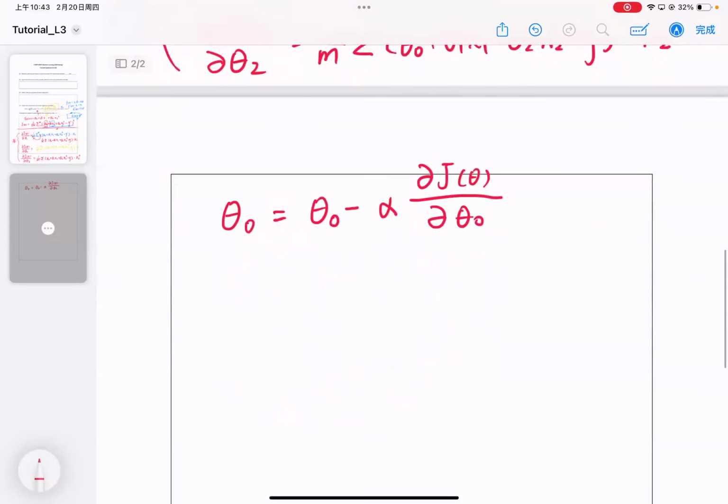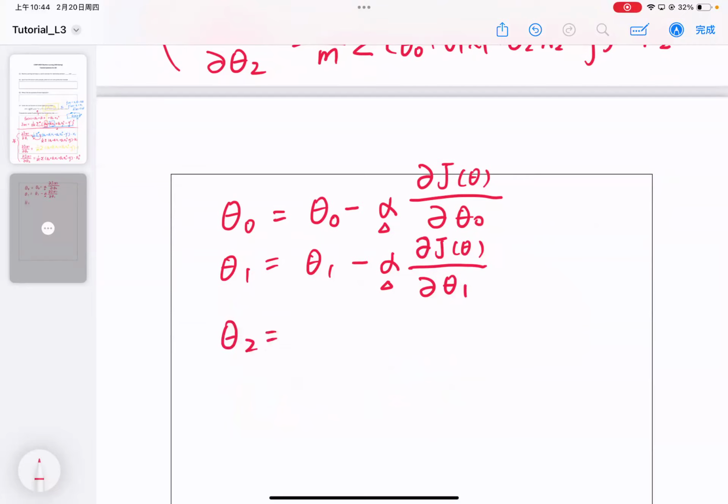Okay, and then theta 1 is the same. Theta 1 is equal to this one. So this is alpha. Okay, this is the partial derivative. And then theta 2, the same thing.